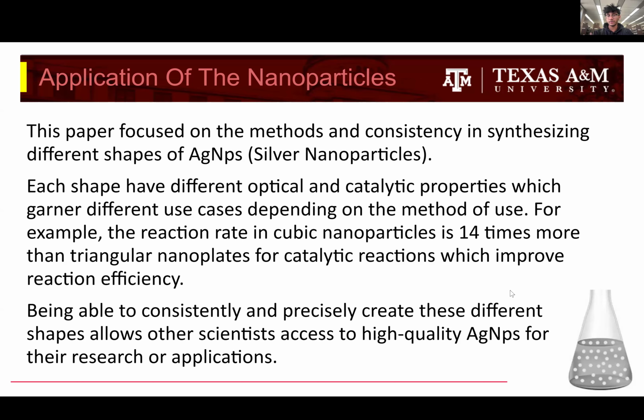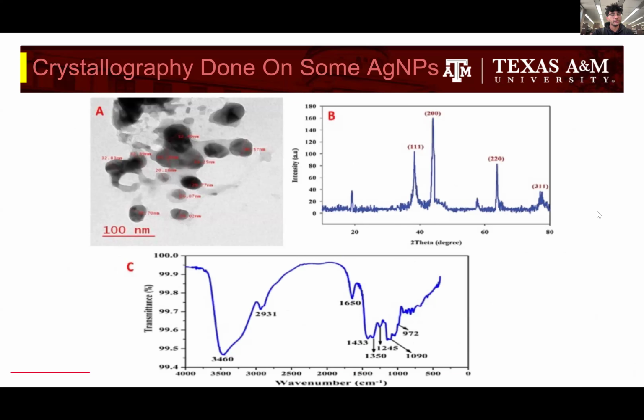Being able to consistently and precisely create these different shapes allows other scientists to access high-quality silver nanoparticles for their research applications. And here you can see a few graphs and plots of crystallography done on some silver nanoparticles.